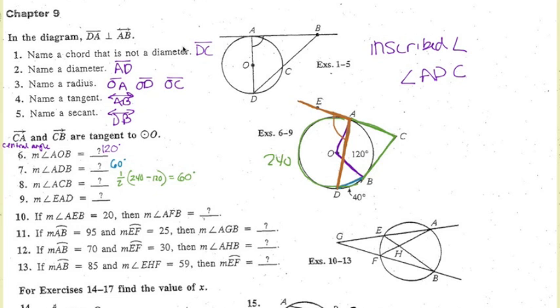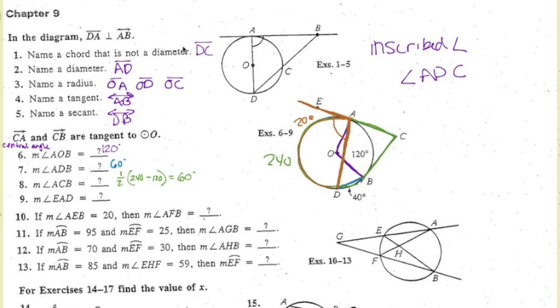Half of the arc that it cuts off. So it cuts off the arc from A around to D. So how big is that arc going to be? 200 degrees. So from A around to B, we said in the last one in green there was 240, and this one stops 40 degrees before that.